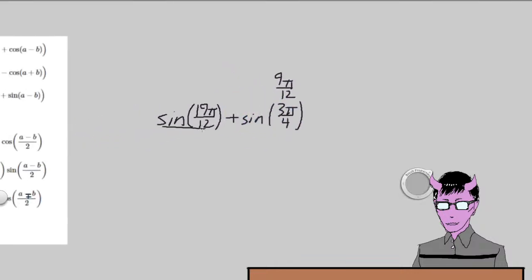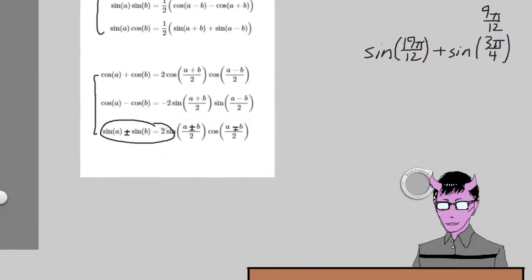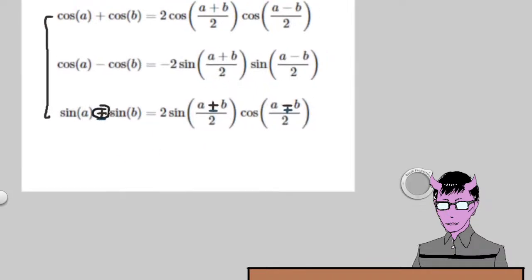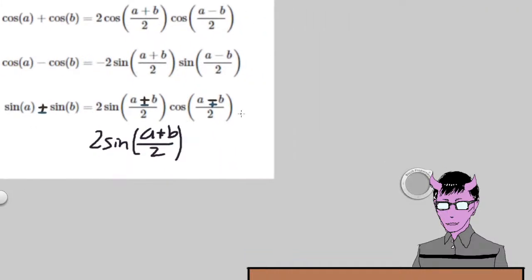Okay. So again, this is a sine thing plus another sine thing. So it's going to be that one with a plus in between, so we're going to keep a plus there, and we'll keep a minus there. So I'm going to copy paste this one. So this one already matches what we have with the plus, not the minus. So let's copy it with the plus and minus. So 2 sine of a plus b over 2 and then times cosine of a minus b over 2.